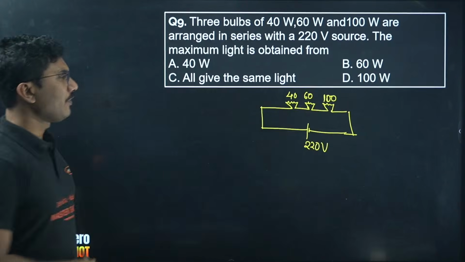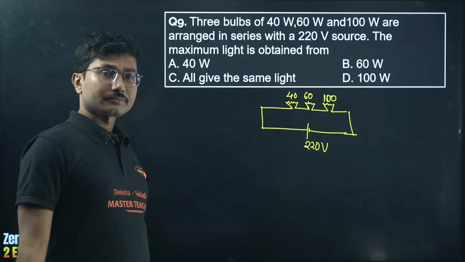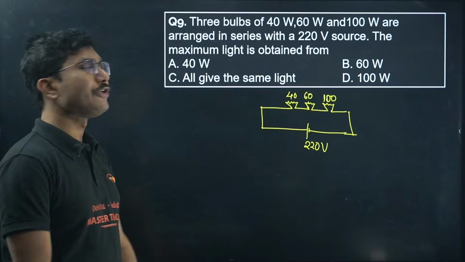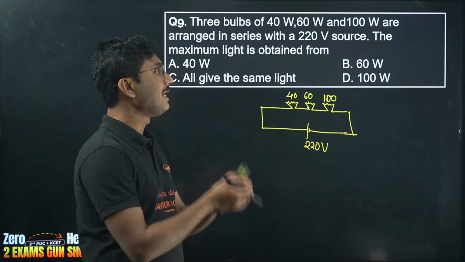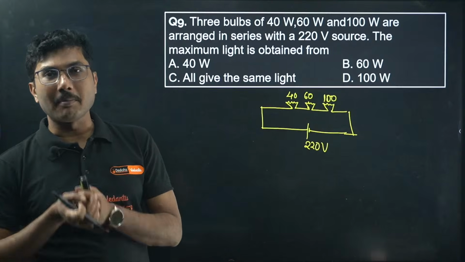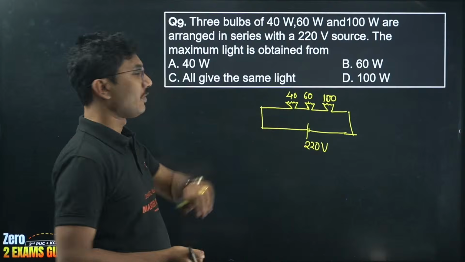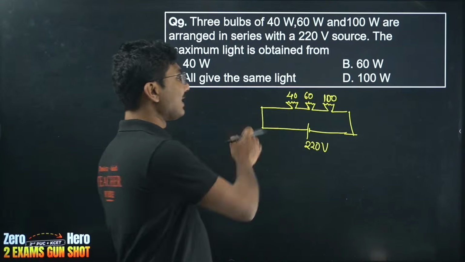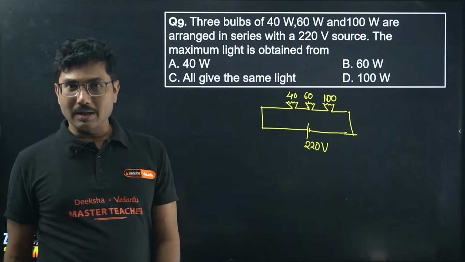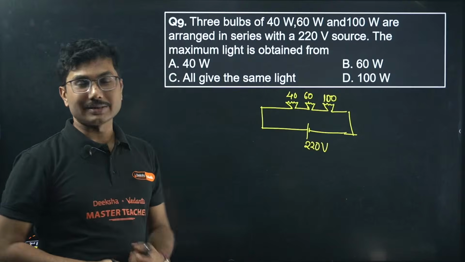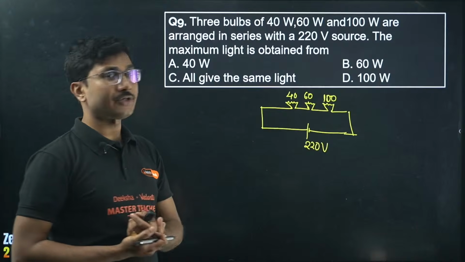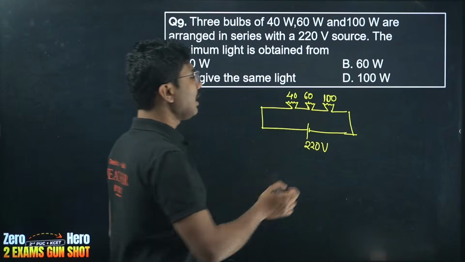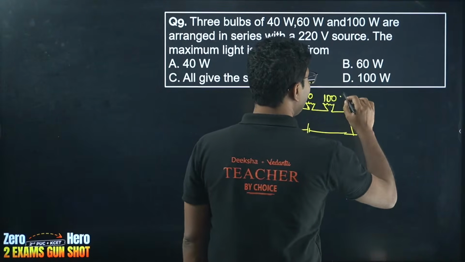Now if this is the configuration, which bulb will glow the brightest? Which one will basically consume the maximum amount of power? If the question asked that they are connected in parallel, like our household circuits which work on the principle of parallel combination, the straightforward answer would have been 100 watt.